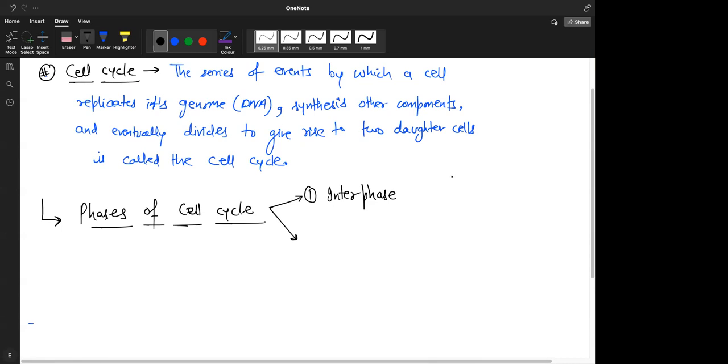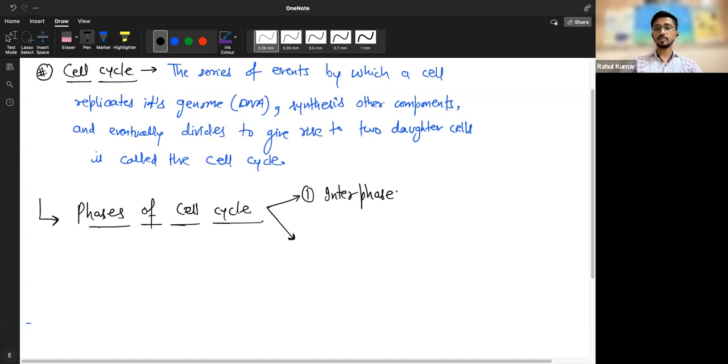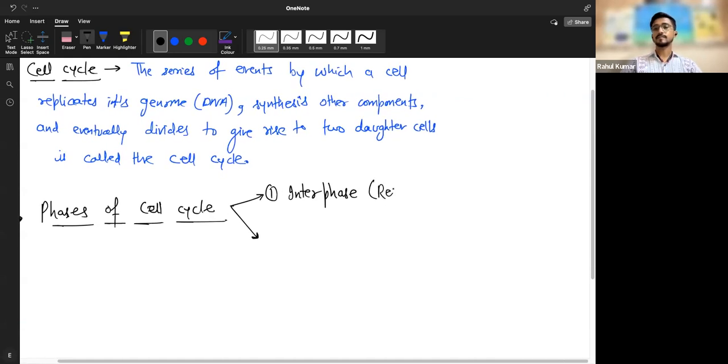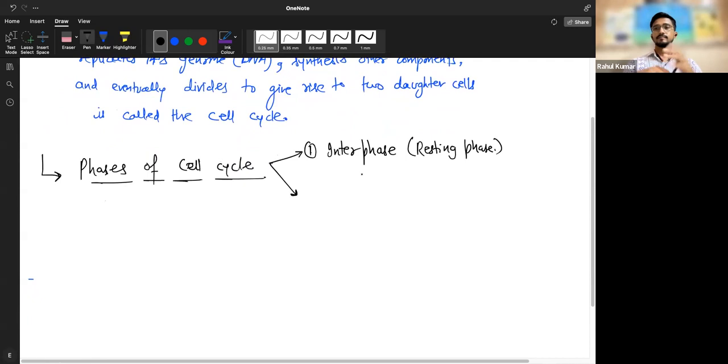Within. Yes, great. So intra means within and inter means between. So interphase means between two phases, right? Now these two phases are division phases. So interphase is also known as resting phase. When it is not dividing, it is resting. So we always rest between two things, right? Between two activities, you take a rest.